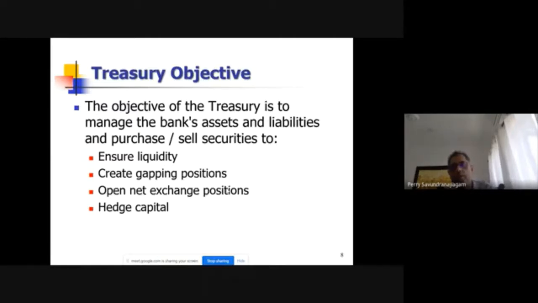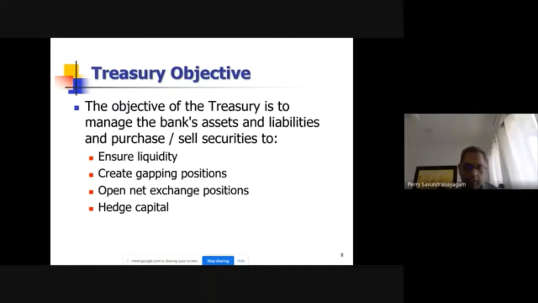Certain aspects of the middle office will report to the CRO, and the back office will report to the CFO and compliance. It depends on the type of work.